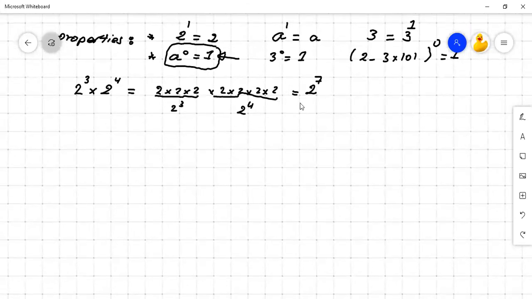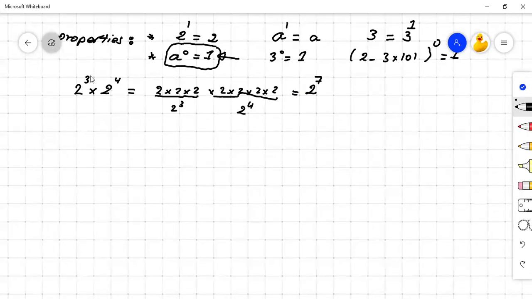So here, we can directly add the exponents instead of writing it in this form 2 times 2 times 2, because if we have very big numbers, if we have, for example, 2 power 100 times 2 power, for example, 72. So this expression, we can't write it 2 times 2 times 2 100 times and 2 times 2 times 2 72 times.